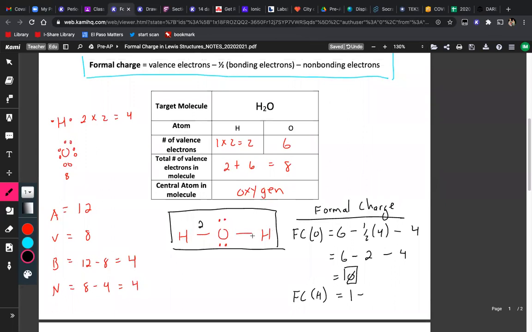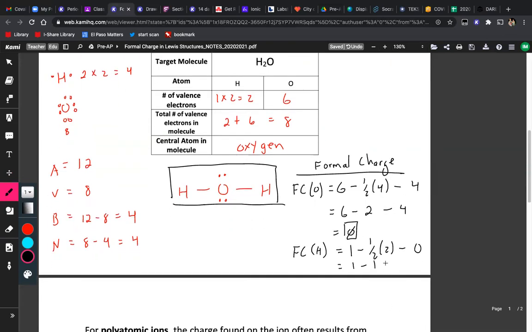There's also 2 going to this one. So each one has 2. We're going to take half that number. And then we're going to take away the number of non-bonding electrons. Well, hydrogen doesn't have any non-bonding electrons, so it's just 0. So that leaves us with 1 minus half of 2, which is 1. That leaves us with 0 as well.